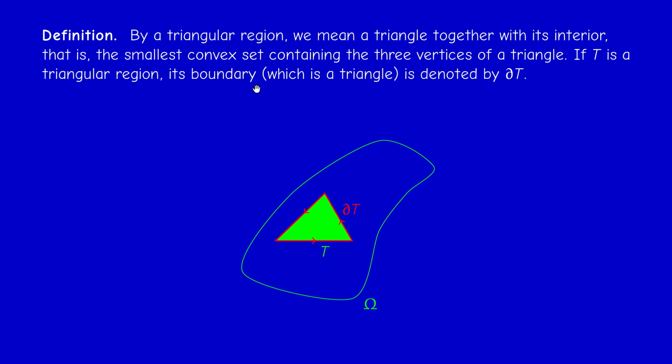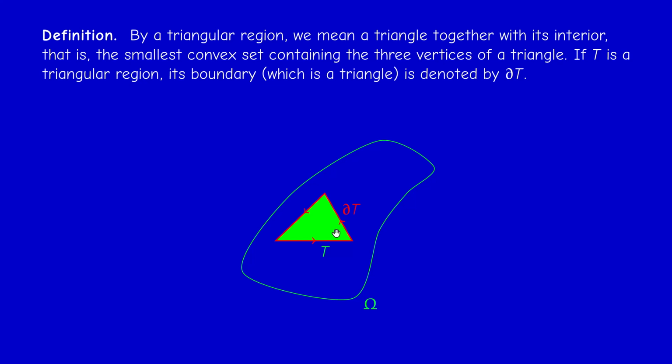So for us, a triangular region is the area bounded by a triangle. And we can define a triangular region as the set of points joining a vertex to points on the opposite side. I will do a picture later.